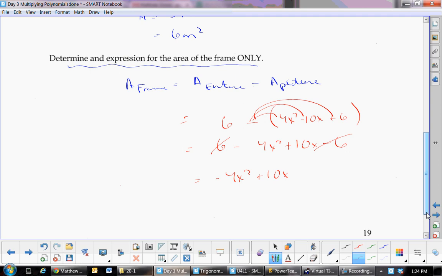So there is a point where you can't have more frame than picture. You can't totally cancel your picture out, or else you haven't framed anything. You just have a big frame. I think that's called a piece of plywood, right? You could just tell somebody, put up a piece of plywood and go, no, it's a little molecule inside.